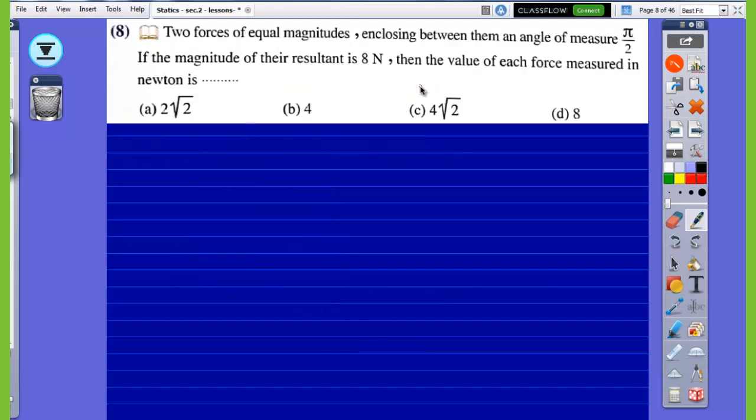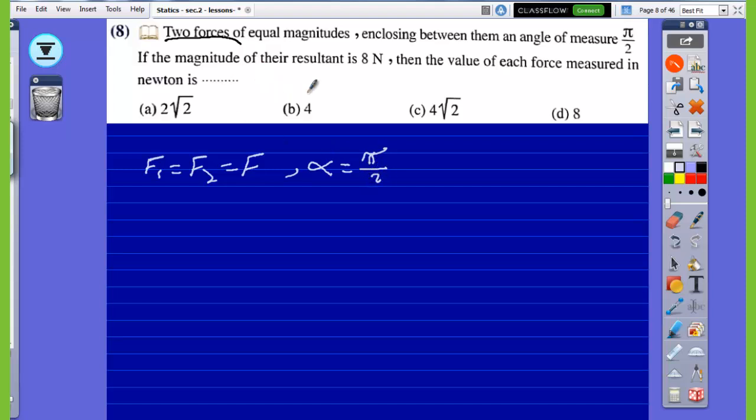Two forces of equal magnitudes including between them an angle of measure pi over 2. Again we have, or let F1 equals F2 equals F, and the included angle denoted by the symbol alpha equals pi over 2.